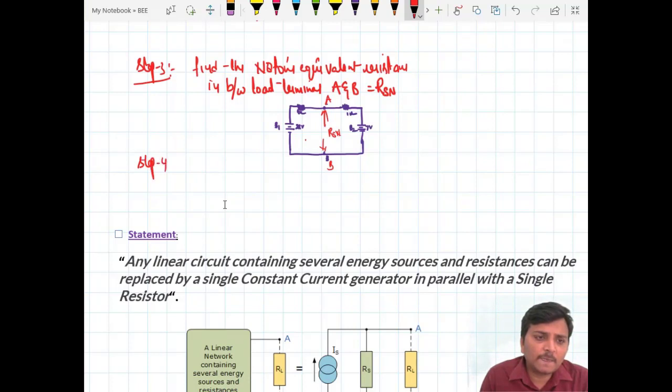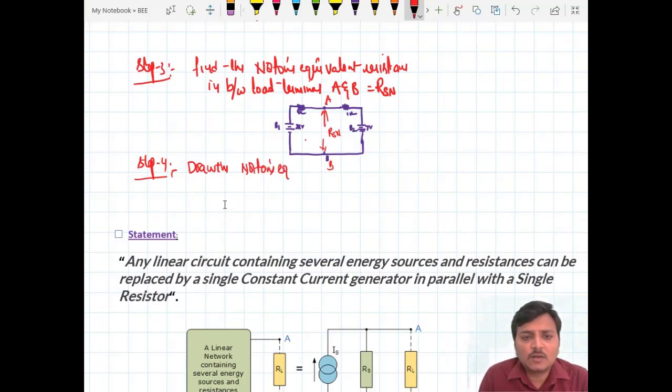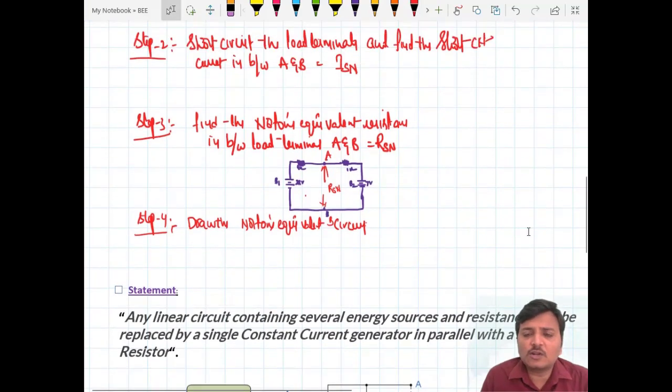Step 4. Connect or draw the Norton's equivalent circuit. So how will you draw the Norton's equivalent circuit? I am drawing it here.